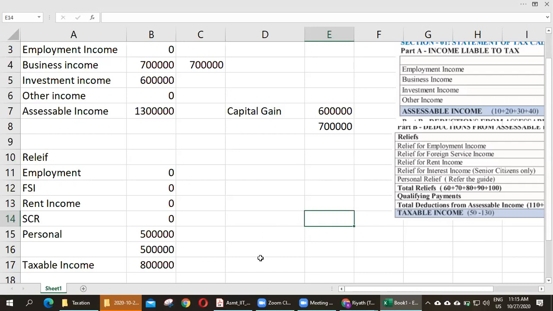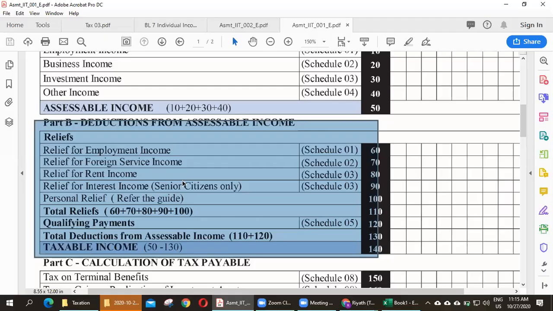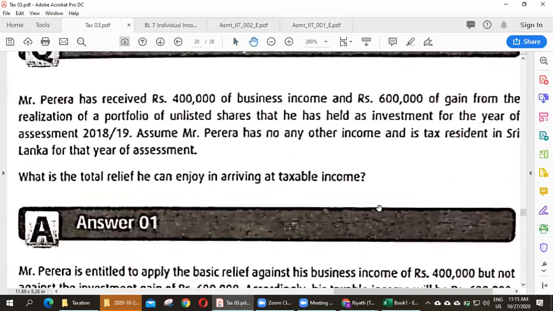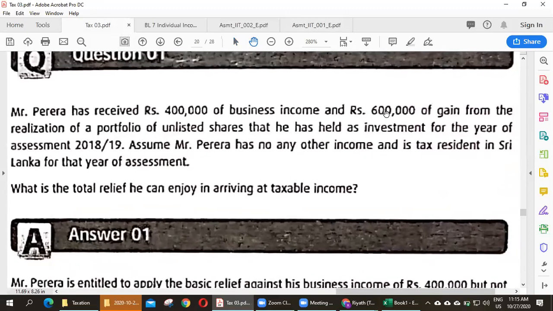In this example, they have given us the 600,000 gain from the realization of a portfolio of unlisted shares. He purchased shares and resold them and got a capital gain.